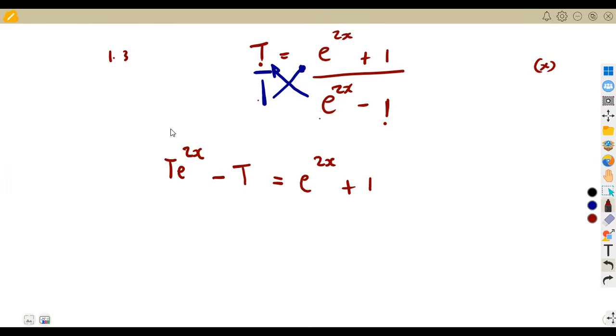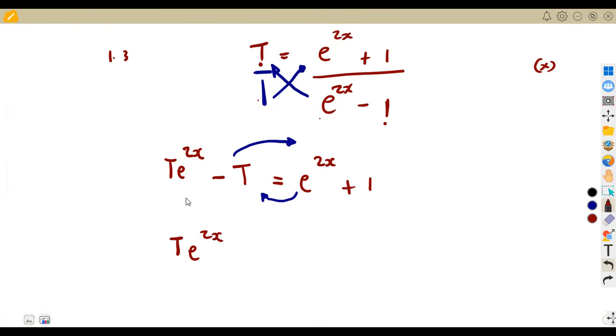Our major issue here is to make X the subject, or to solve for X. Here we've got X and we also have X on this term. Let us take these terms to one side of the equation, and transpose negative T to the other side. So this is going to remain T e to the exponent of 2x.